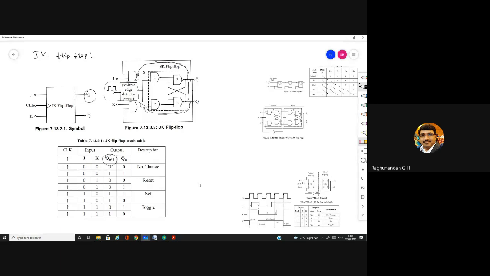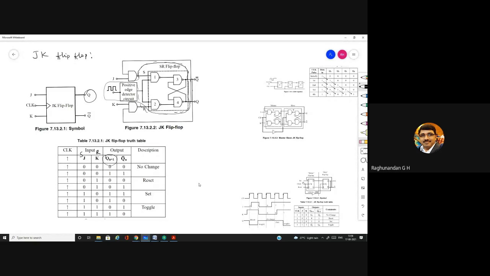Because when both J and K are 0, it is a state where you are not pressing the set button or reset button. When you are not pressing set or reset, obviously it will not change the output. It will retain the same output it was displaying in the previous case. J is nothing but S, K is nothing but R, just for our understanding.